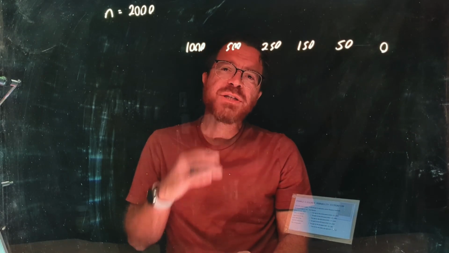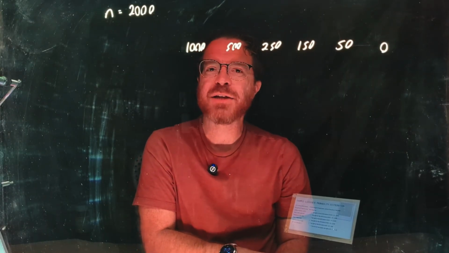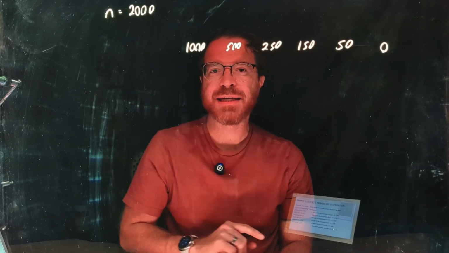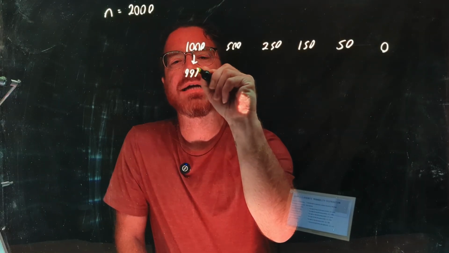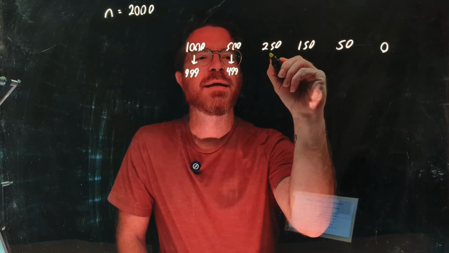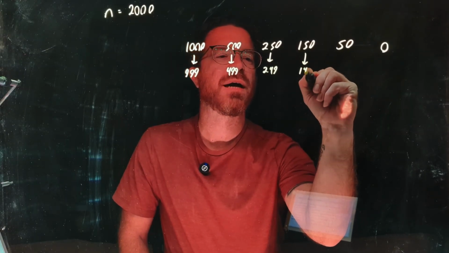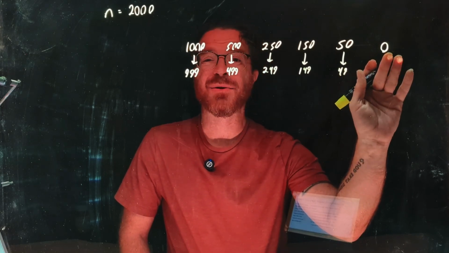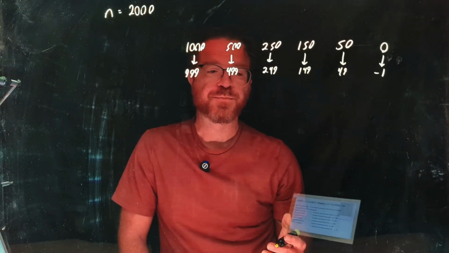So now we need to take into account that if I win $1,000, I didn't actually get $1,000 because I spent $1 to get that ticket, meaning that I am actually winning $999. This one would be $499. This would be $249. This would be $149. This would be $49. And if I get $0 back or I lose, I get minus $1.